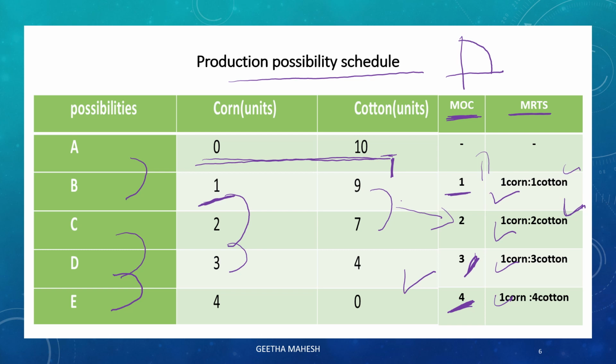The cotton sacrificed each time keeps on increasing. Because of this, the production possibility curve is always convex to the origin. And this is because of the assumption we made, resources are not equally efficient in the production of all goods and services.